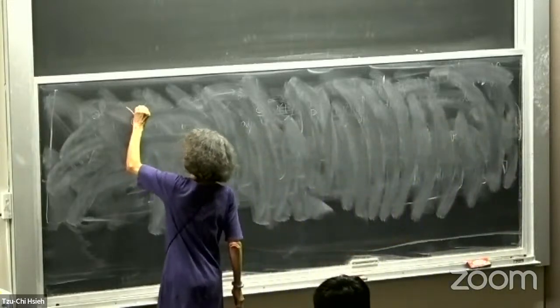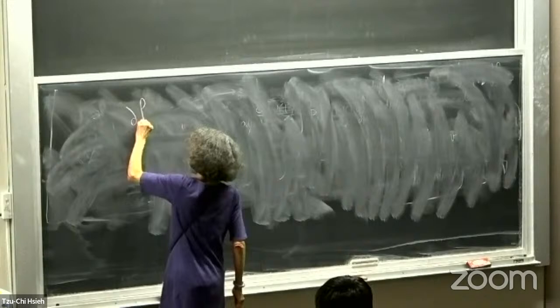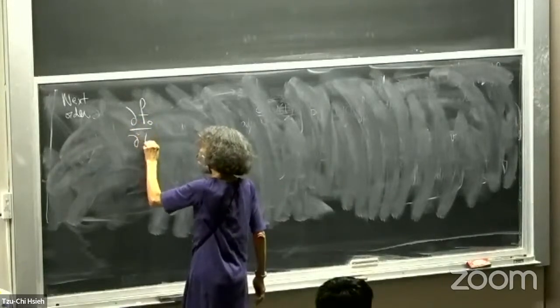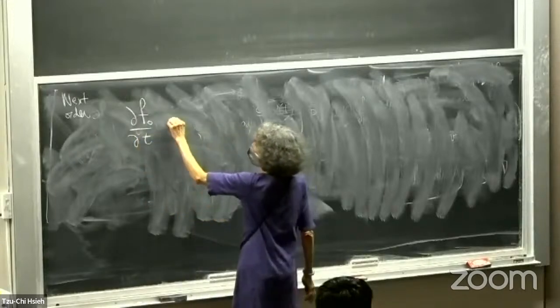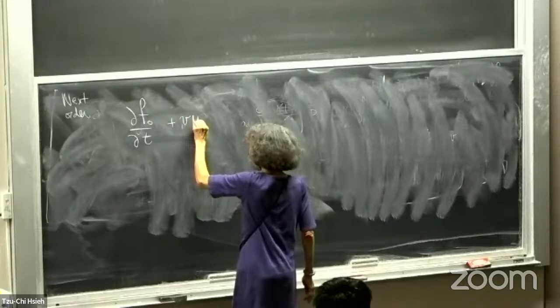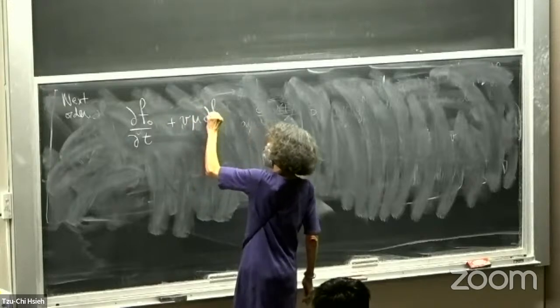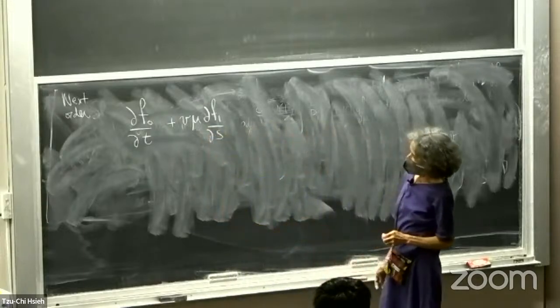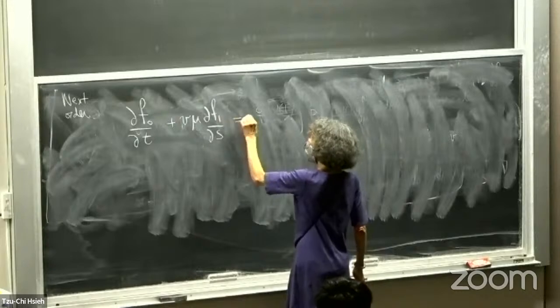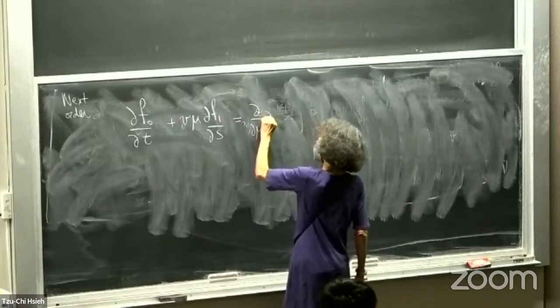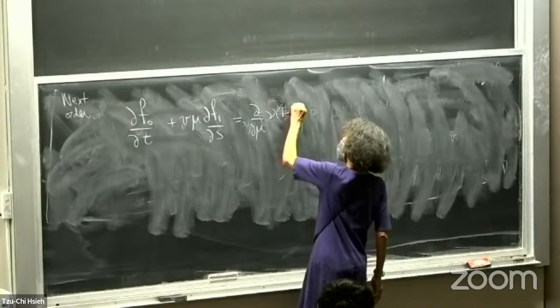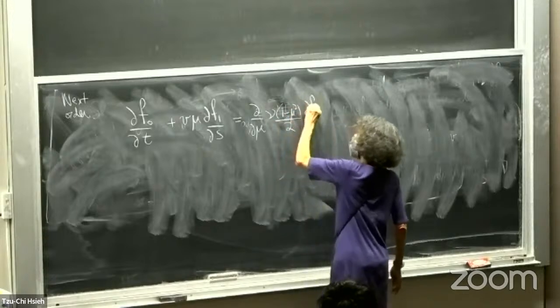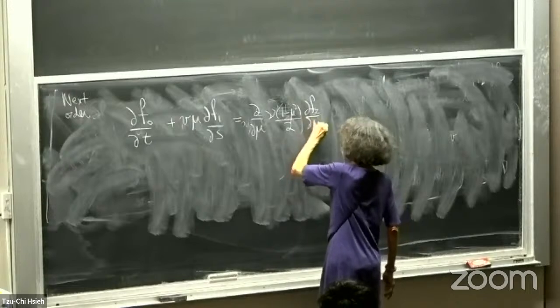On the longest time scale, the biggest component: partial f naught partial t plus v mu partial f1 partial s equals d by d mu of (1 minus mu squared over 2) df2 d mu.